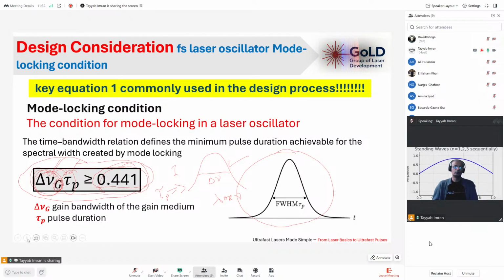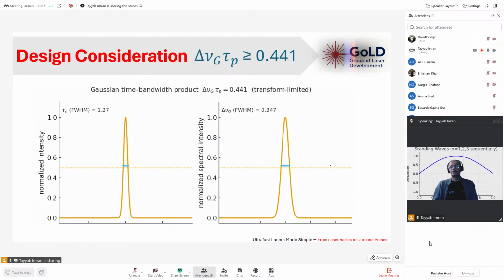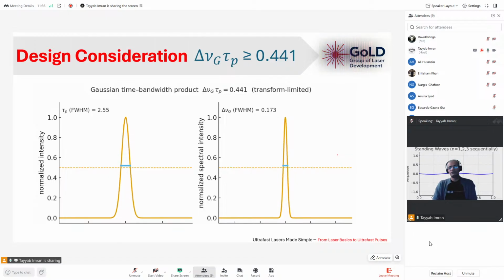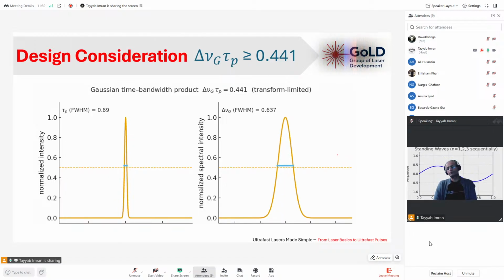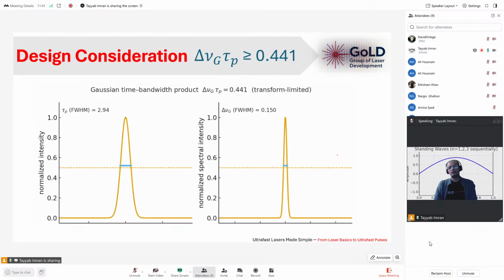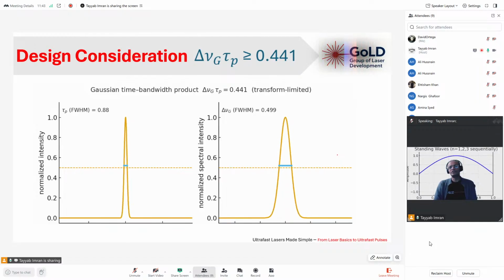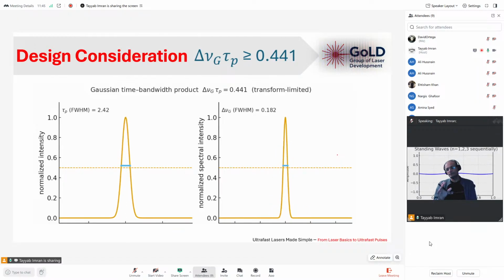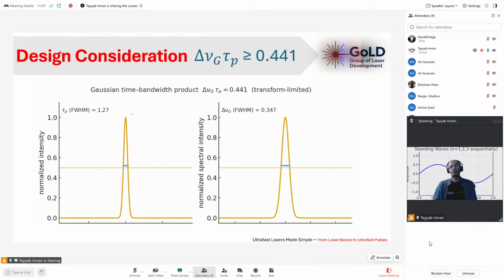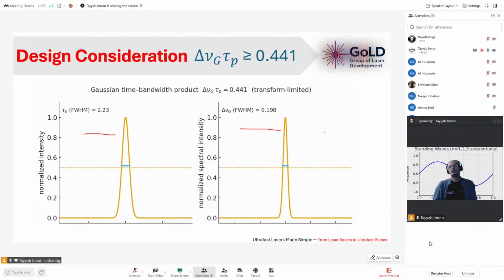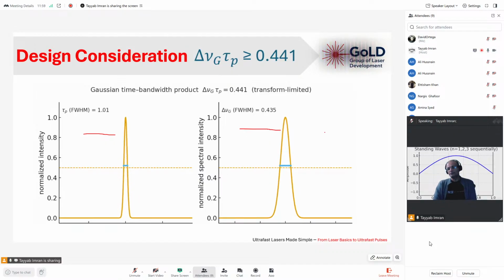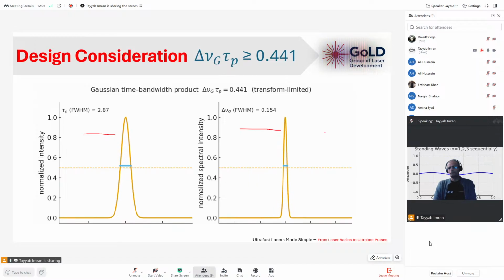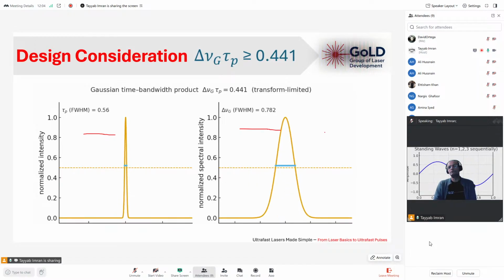Now move toward the second one. This is a simulation. It will show, on one side, the temporal profile. And here, this is the gain profile, the gain of the gain medium.